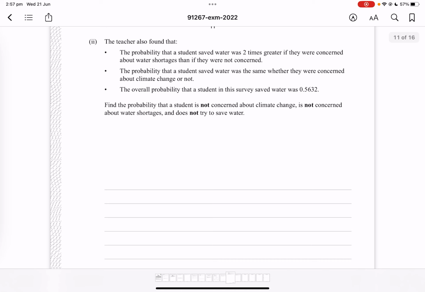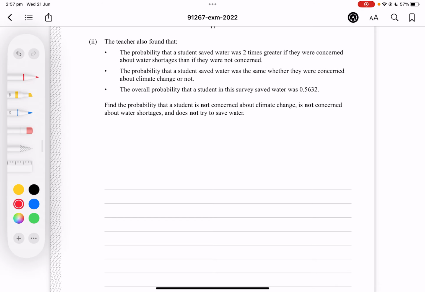so probability that a student saved water was... Okay, so probably we should refer back to our tree here. So we have concerned about climate change, not concerned. We have concerned with water, not concerned with water, concerned with water, not concerned with water.